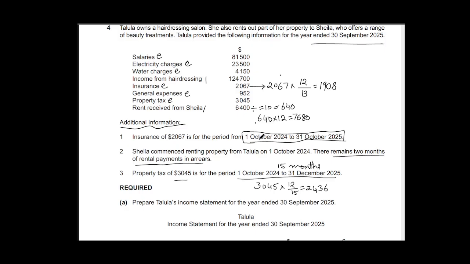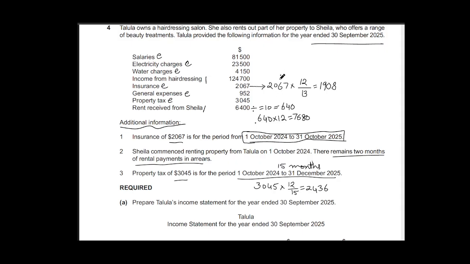Calculate from this month till this month how many months you have. If we count from 1st October 24 till 31st October 25, these are 13 months. It means this 2067 is for 13 months, but our financial year is of 12 months. We have to take out 12 months expense from this 13 months total paid.